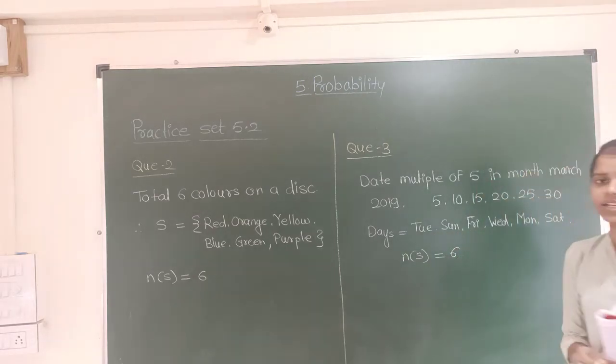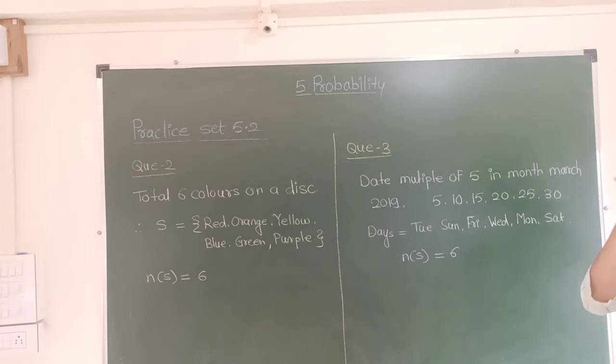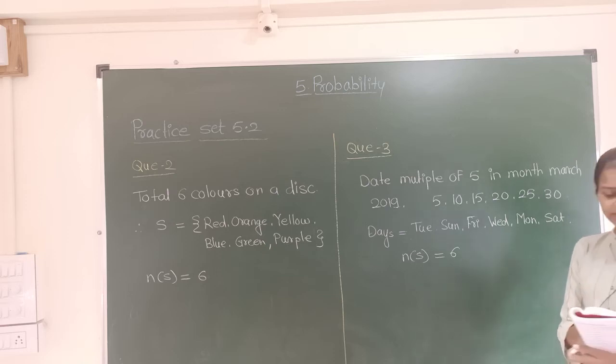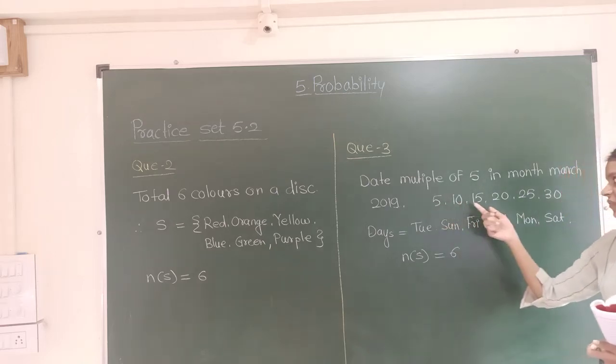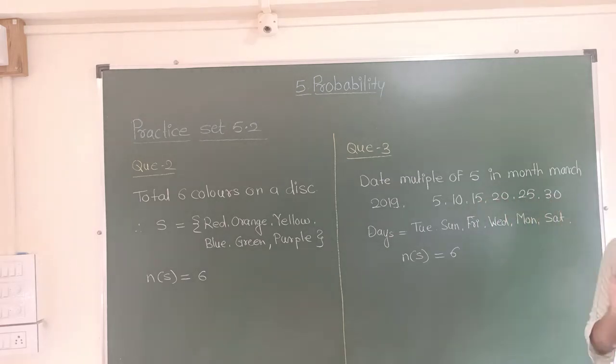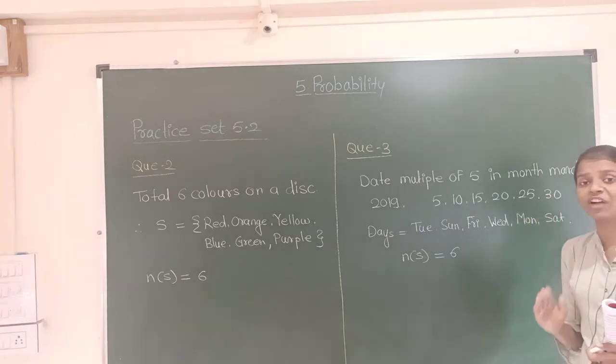Are you getting how we solve this? They have asked us for the dates multiple of 5 in the month March 2019. Okay, so which are the dates multiple of 5? They have provided us a calendar page. From that, 5, 10, 15, 20, 25 and 30 are the dates which are multiples of 5.